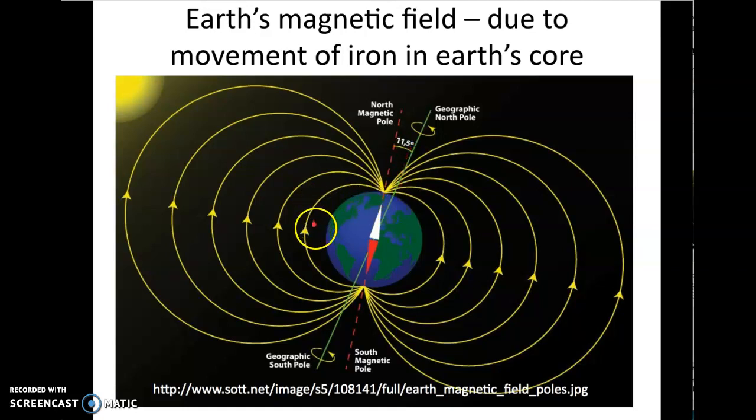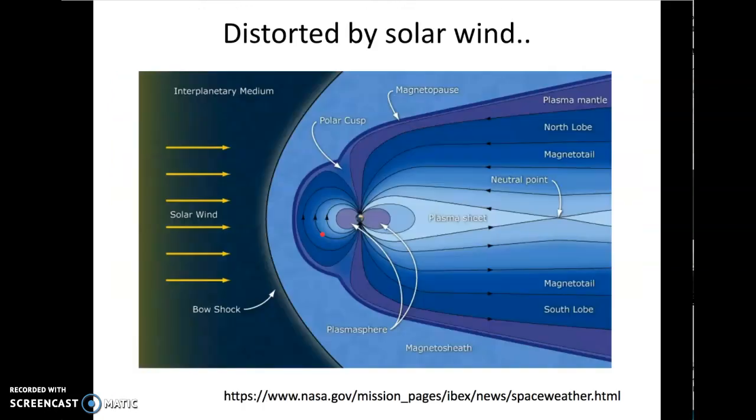So it means that anywhere on the Earth's surface, if you have a ferromagnetic material in a compass, it'll always point north-south. And that will get distorted by the solar wind.